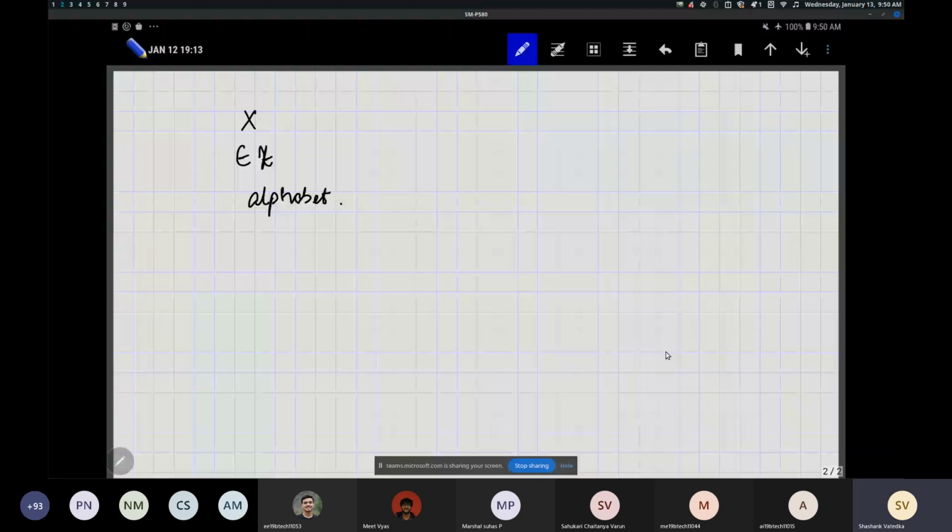So this knowledge is already available to us. We know the alphabet corresponding to this random variable x. And in this course, we will also assume that we know the distribution of x.